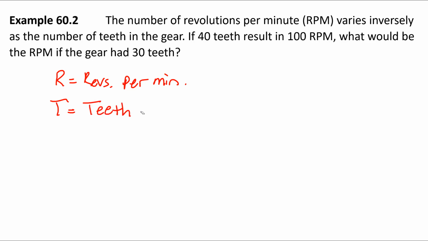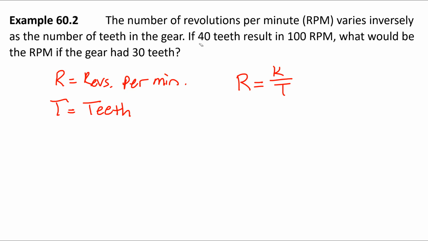So now I'm going to set up my equation. It says that the revolutions per minute, so that's R, varies inversely as the number of teeth. So R = K over T. So this is the setup. This is the mathematical model that represents this situation. And now I'm going to take the information they give me to find out what K is.